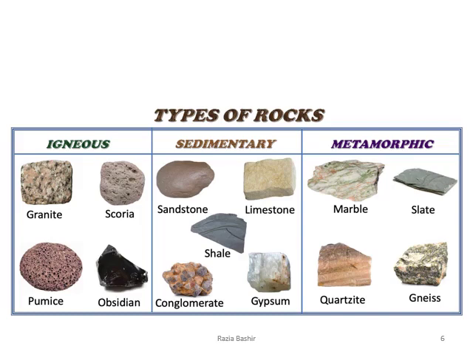The sedimentary rocks basically come from four ways: the erosion process, then deposition, compaction, and cementation. A few examples of the sedimentary rocks include sandstone, limestone, shale, conglomerate, and gypsum.